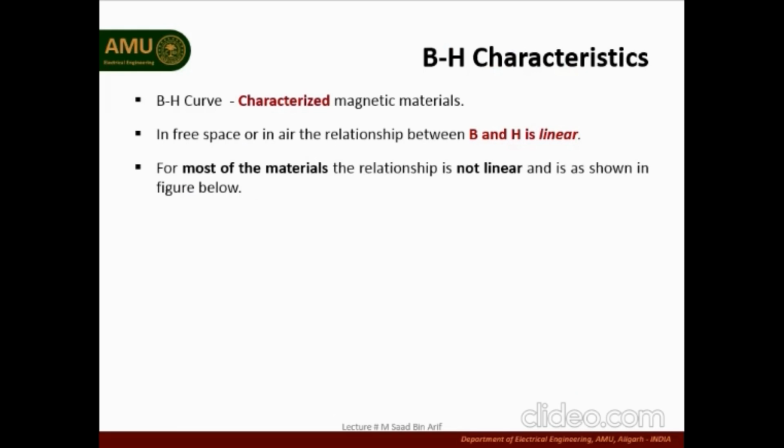As we have seen, the relationship between B and H is given by B equals mu naught mu r H. Now, in free space, mu r is equal to 1.